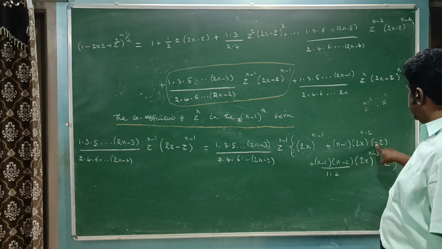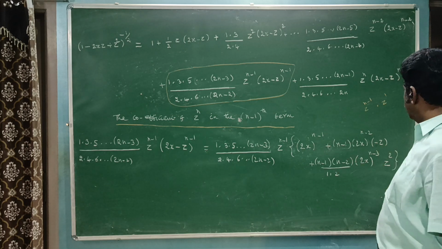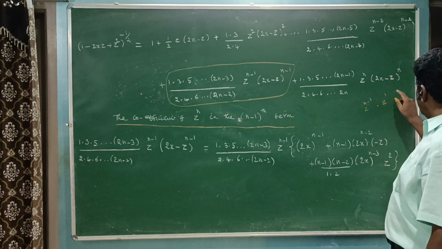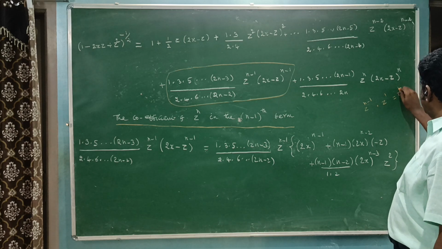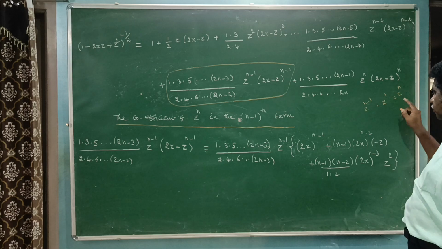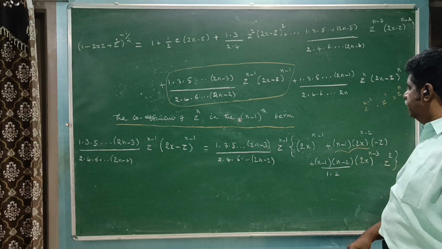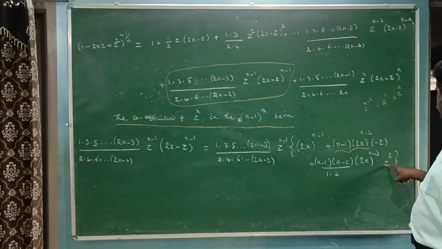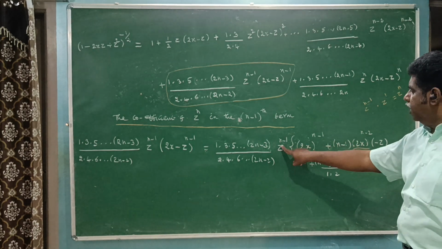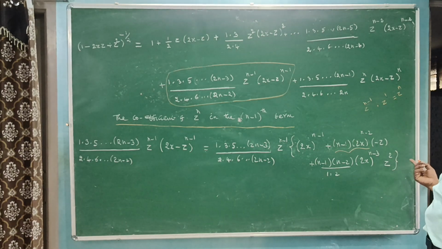A negative sign is present, no problem regarding that. We have to take it outside. z power 1 times z power n minus 1 is equal to z power n. Plus 1 minus 1, we may get z power n. So this term is taken in our consideration. Now go to the next term, z square. z power n minus 1 into z square is z power n plus 1. That term will not be taken into our account.